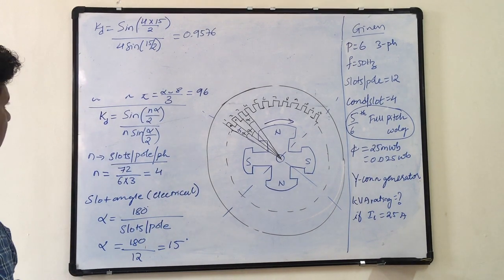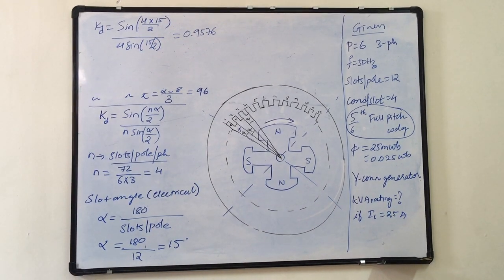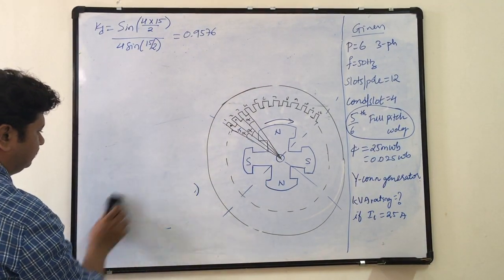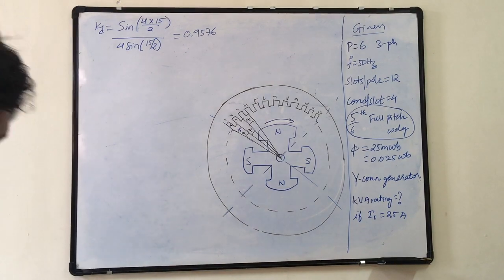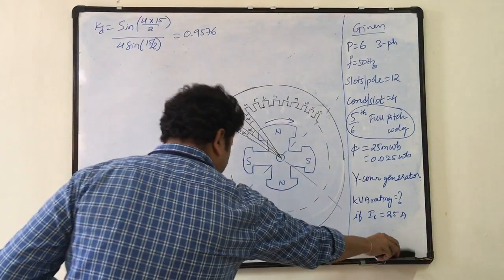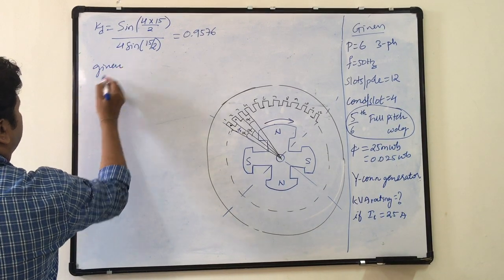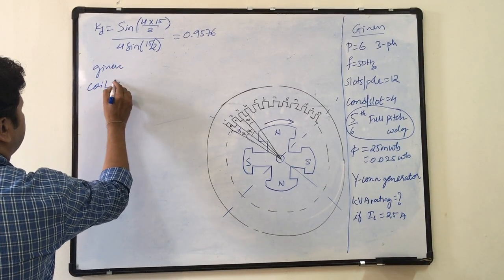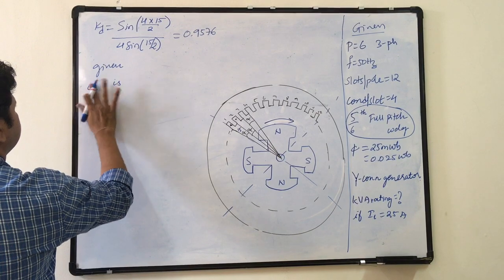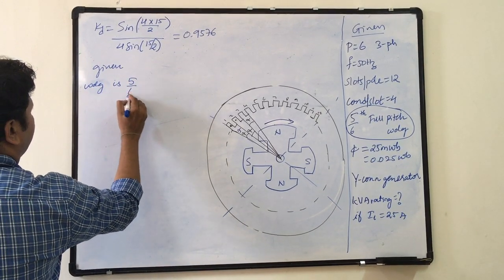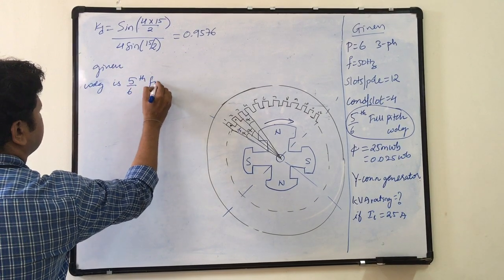Next, I need to know kp. It is given that the winding is 5/6 full pitch.